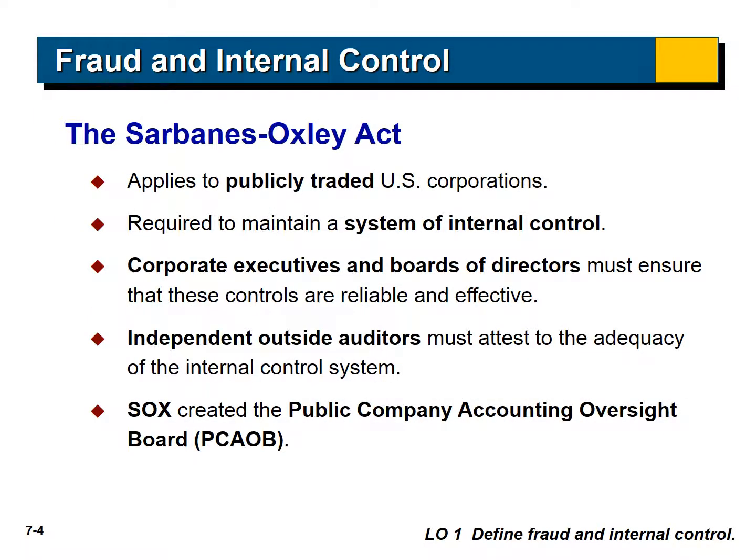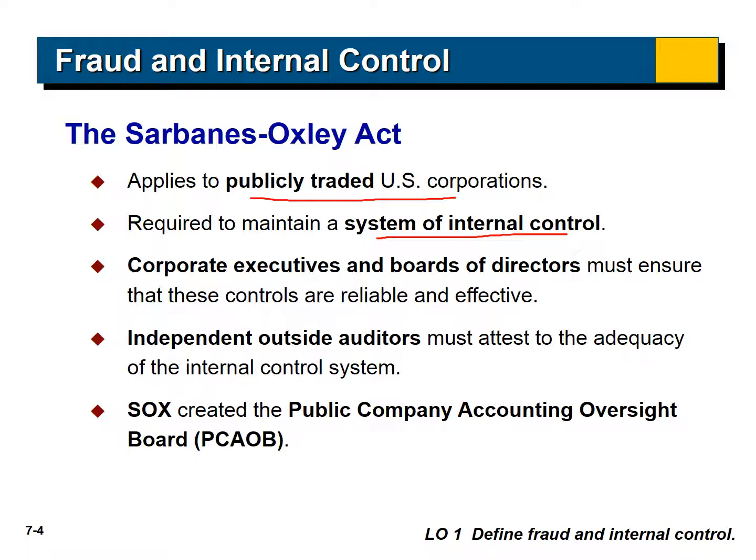Back in 2001, the Sarbanes-Oxley Act was passed by Congress, but it's only for publicly traded U.S. companies, which means the stock is available so anybody can buy the stock in the company. It's not privately held, which means you and I couldn't buy the stock in that company. And under that act, they had to maintain a system of internal control.